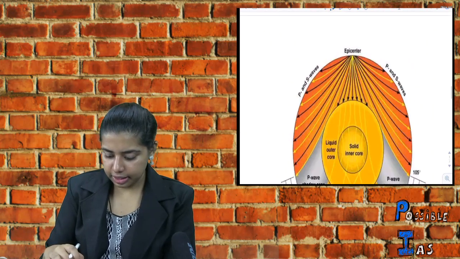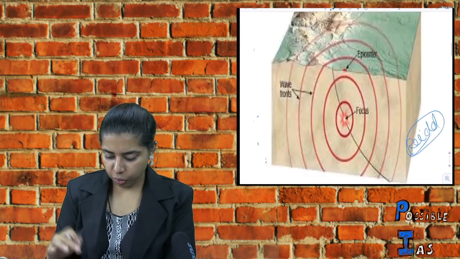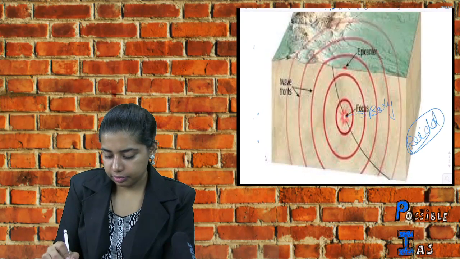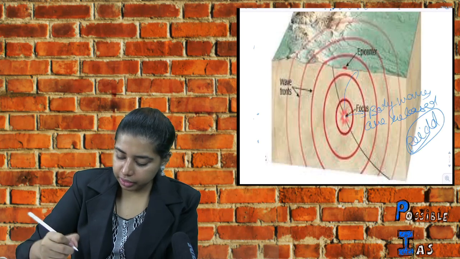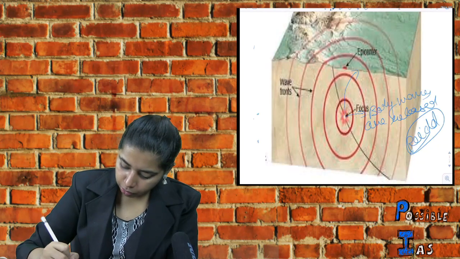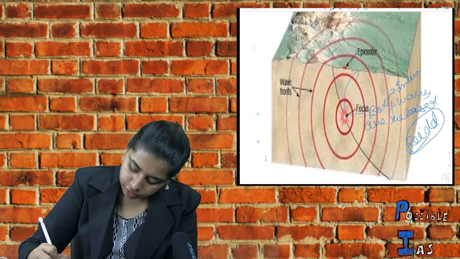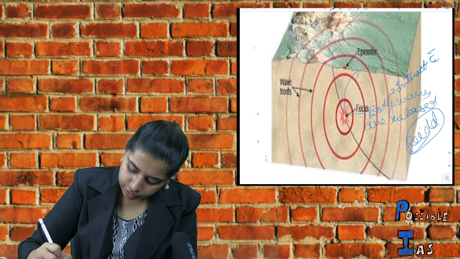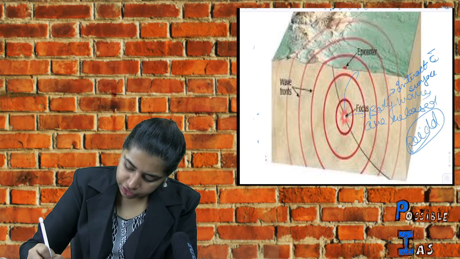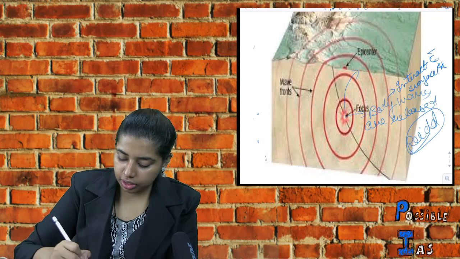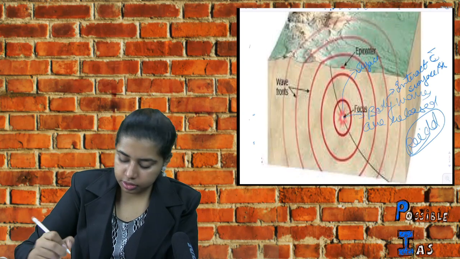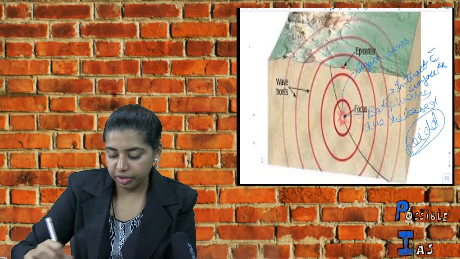Okay, so now what happens is that when energy is released from this focus, body waves are released. Okay, now these body waves interact with surface rocks, and when they interact with surface rocks, they form surface waves.